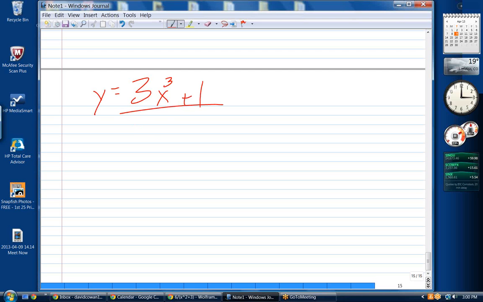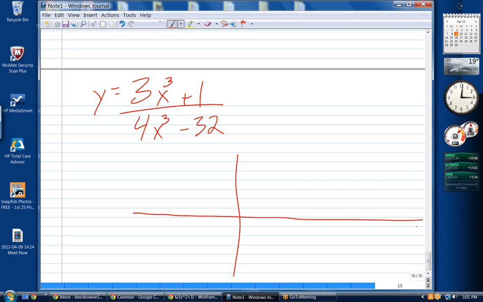What's different about the denominator? Is there a vertical asymptote? Yeah. Okay, where's it at? I've got to solve this equation.